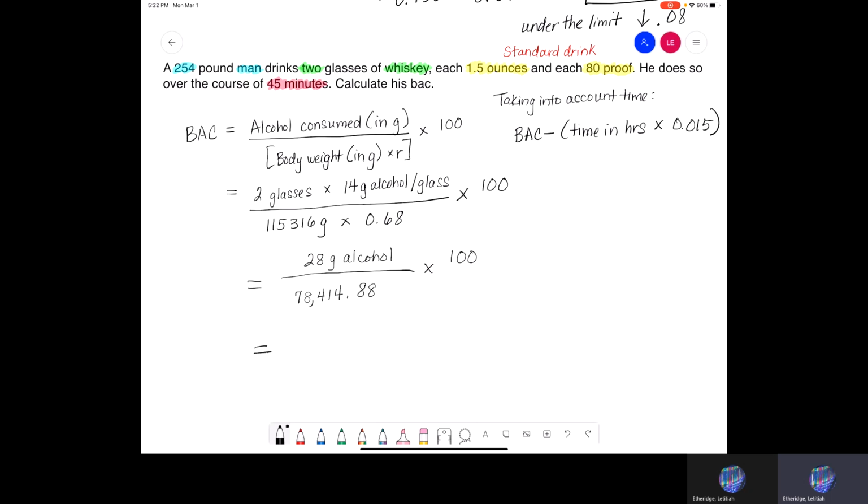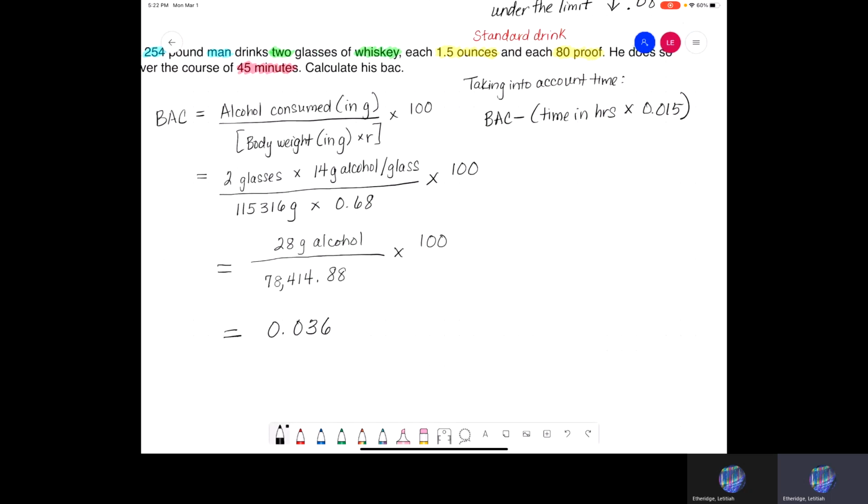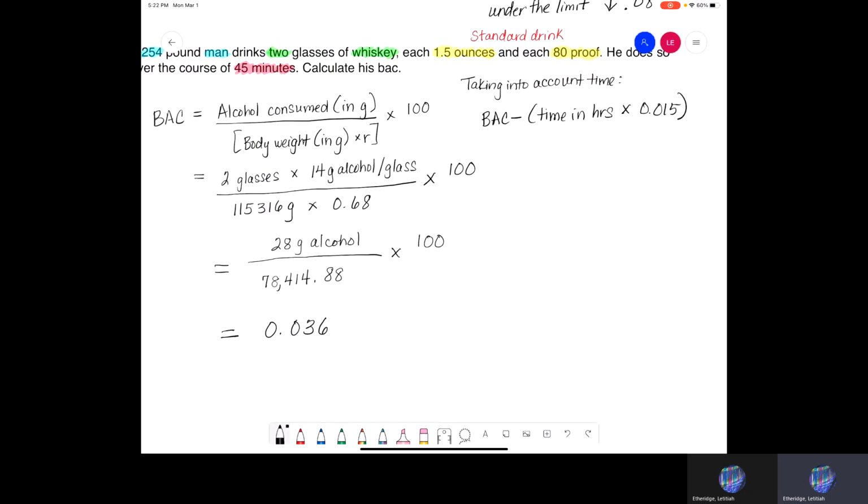We end up with 0.0003. Make sure you multiply by 100. You end up with 0.03, we'll say 6. Okay, now, once again, this is his BAC if he had chugged all of these drinks in a minute.